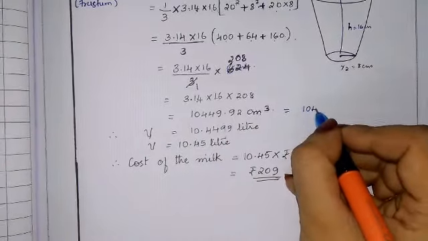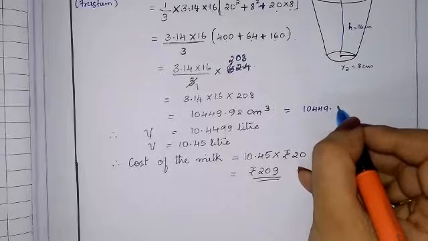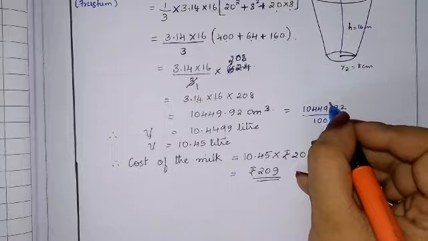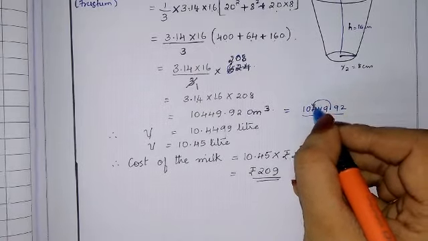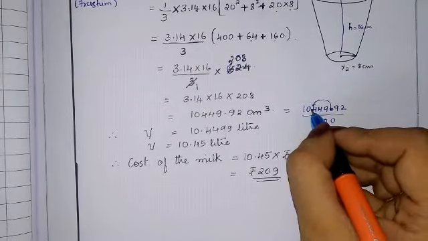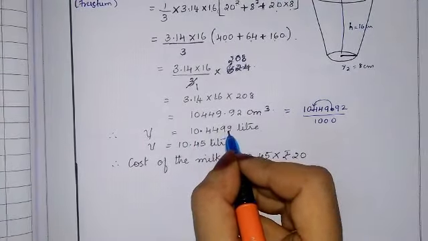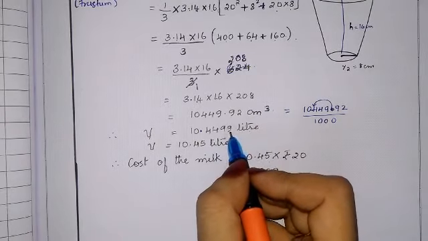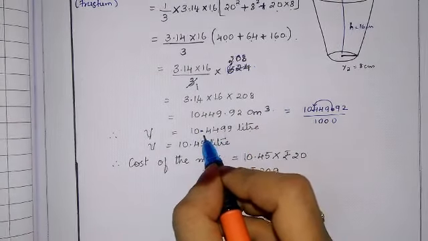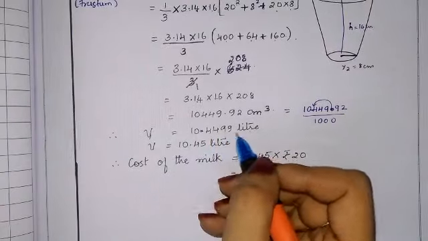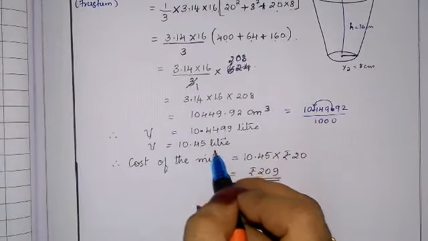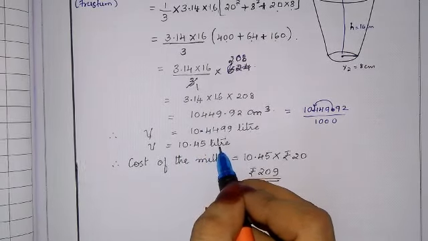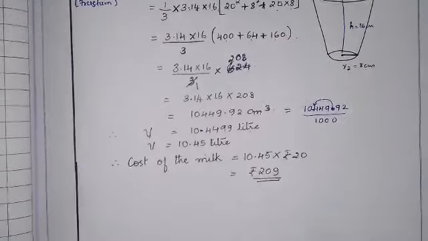So 10449.92 by 1000, the decimal point will jump 3 places. We get 10.4499 liter. So the volume of this container is 10.45 liter. It will be filled with 10.45 liter.